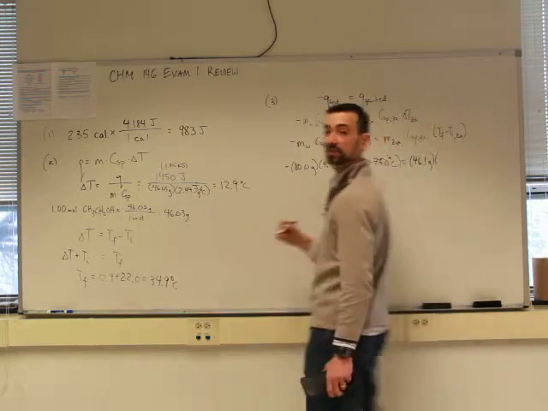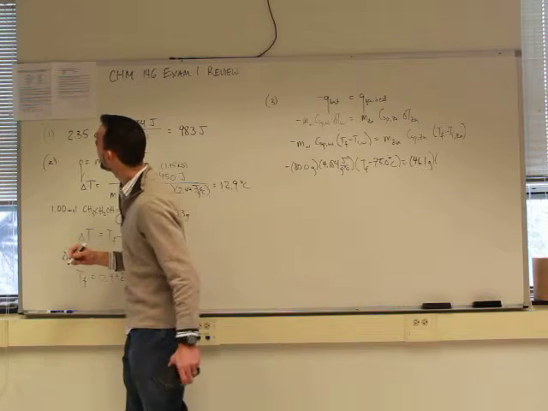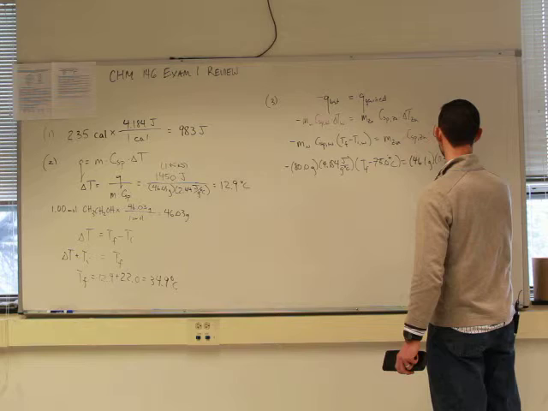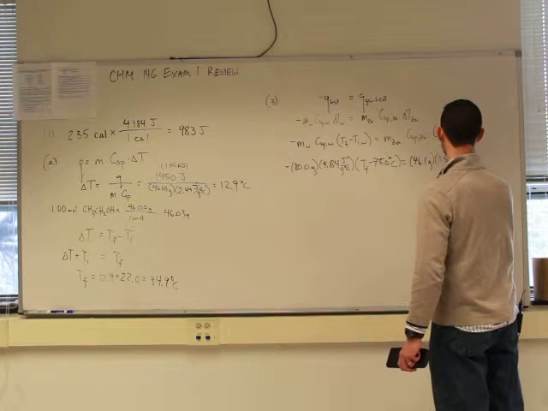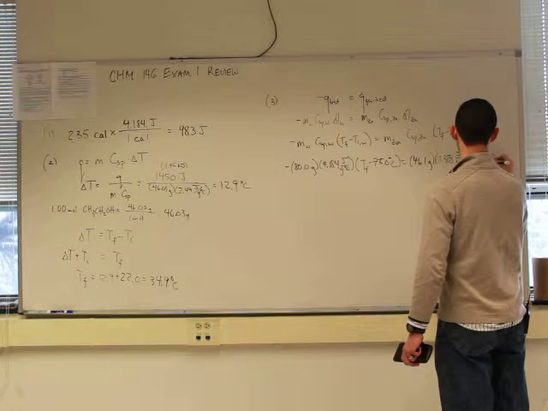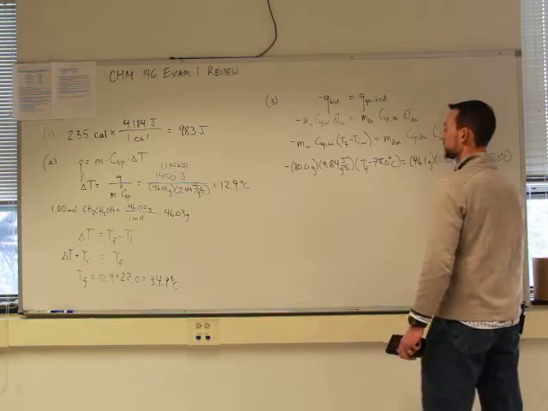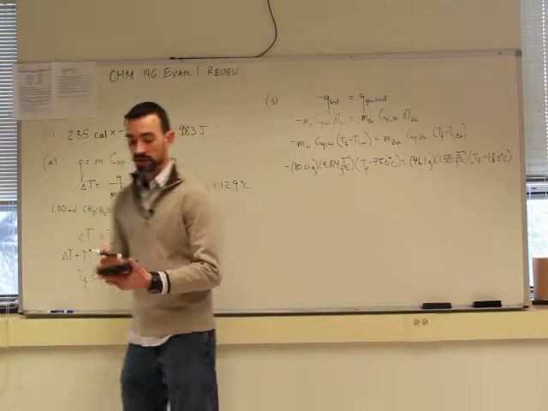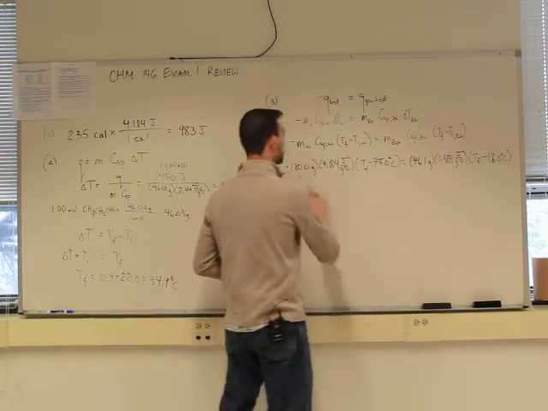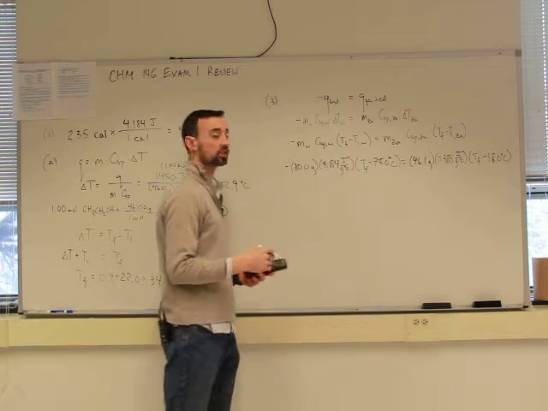The heat capacity of zinc is 0.388 joules per gram Kelvin or degrees Celsius. Again, T final minus its initial temperature was 18 degrees Celsius. So at this point, it just becomes an algebra exercise. This is your unknown. We've got to do some multiplication and distribution here.